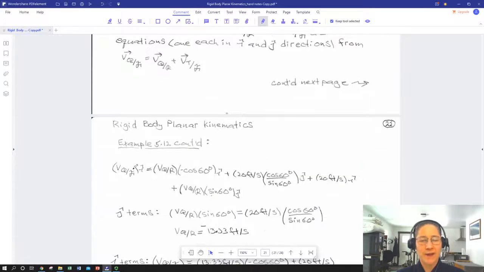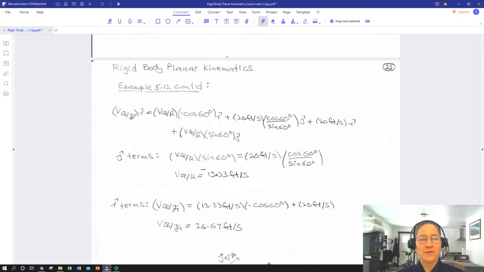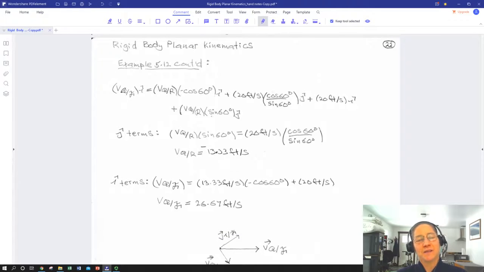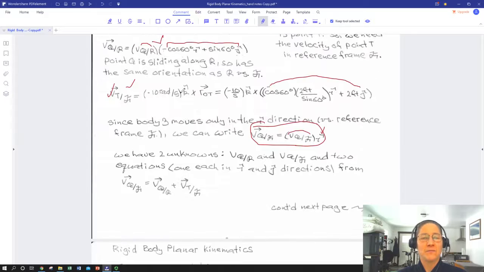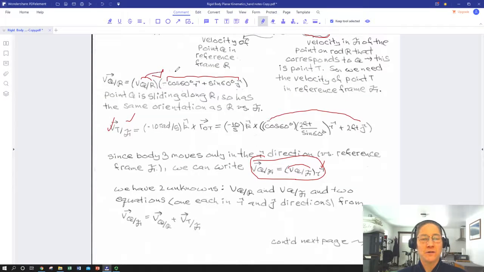So we'll just break that up and work through the math on this page. So we can say that in the I hat direction, V of Q with respect to F, which only has an I hat component, we can equate that to VQR negative cosine 60 I hat from here, the I hat component of this. And we're just building up this expression.